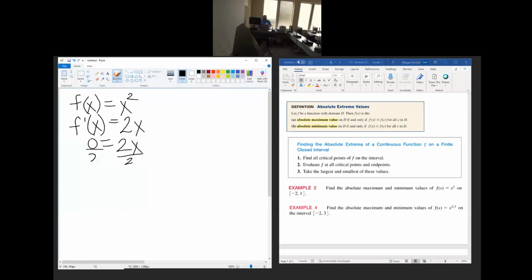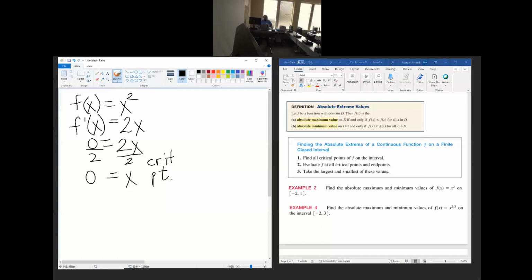So when we divide both sides by 2, our lone critical point is x equal to 0. Now we are ready to find any possible absolute or global max or min values.